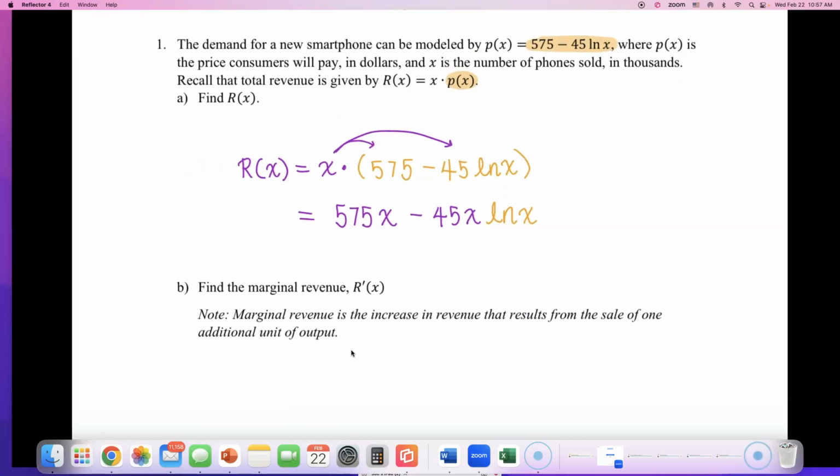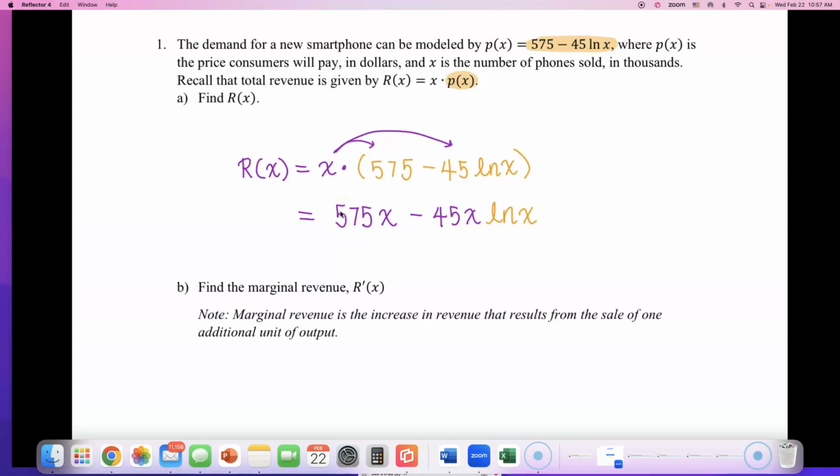So if we sell 1,000 more phones, because x is the number of phones sold in thousands, the revenue will increase or decrease by that number. Okay, so let's take the derivative of this R of x.